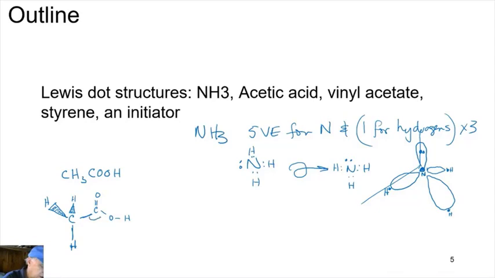This bond angle here is maybe about 120. And this bond angle here is not 120, even though it looks like it should be. This is maybe about 109.5 because I haven't shown the electron clouds.